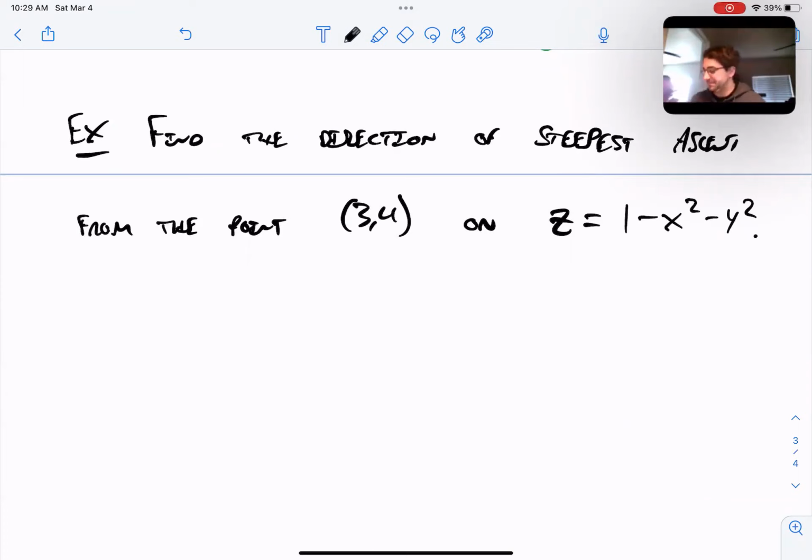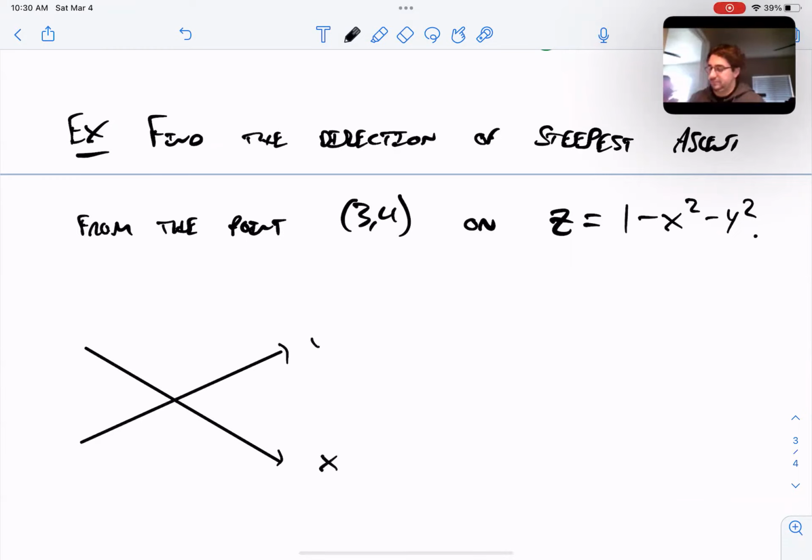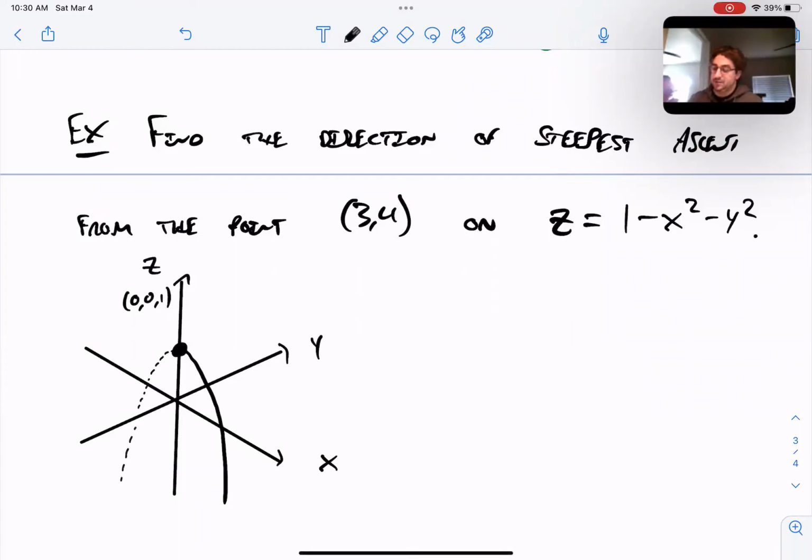It looks like x, y, and z. It has an intercept at (0, 0, 1), and then it looks like a descending parabola along the x-axis, as well as a descending parabola along the y-axis.